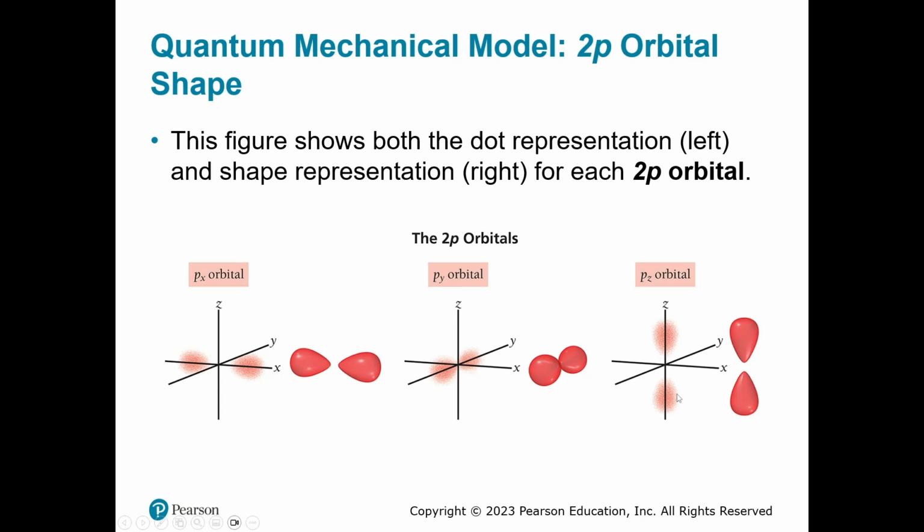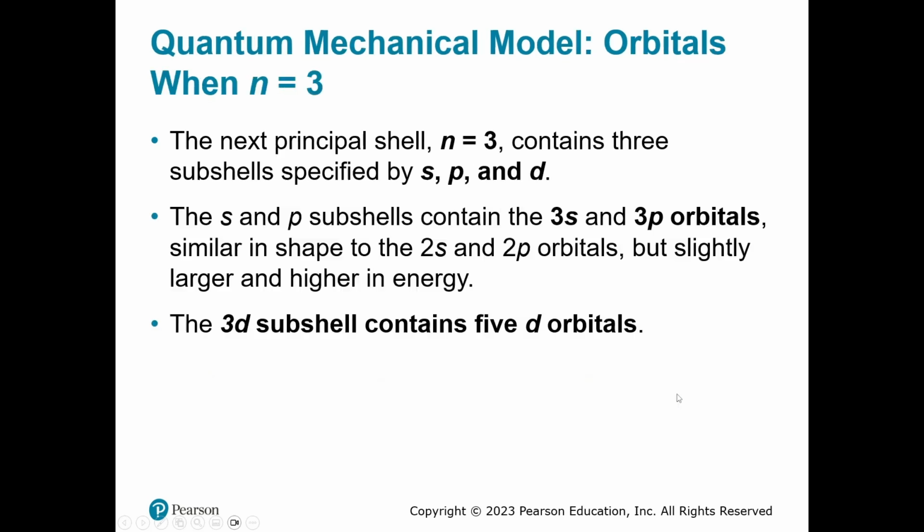These are called orthogonal functions. We don't need to be comfortable with this, but if you go into more math, physics, or chemistry classes, this terminology will become more important once you're actually solving for, say, the energy of an orbital or the energy of an electron.